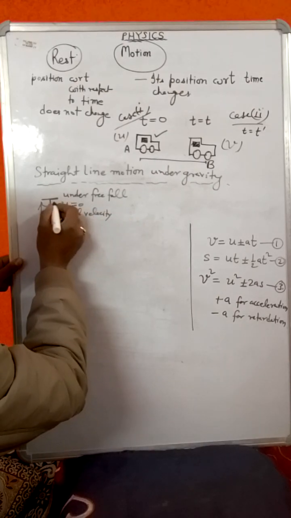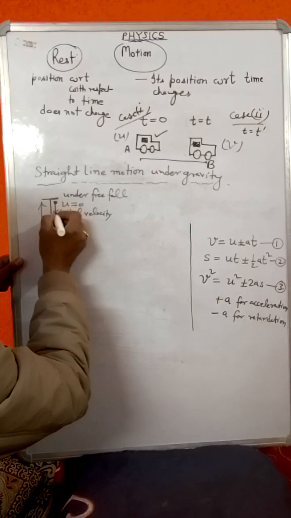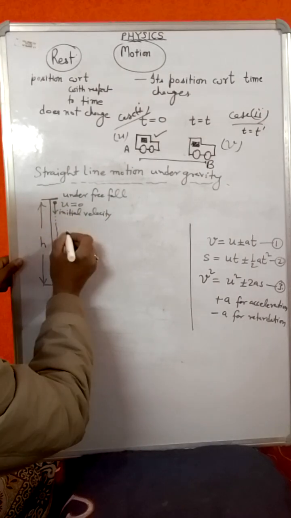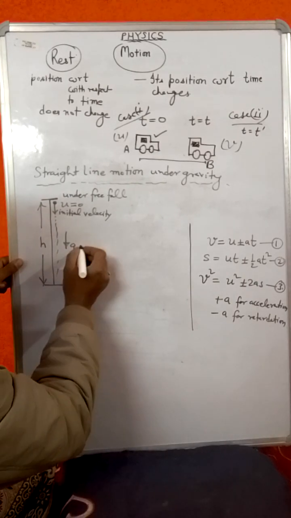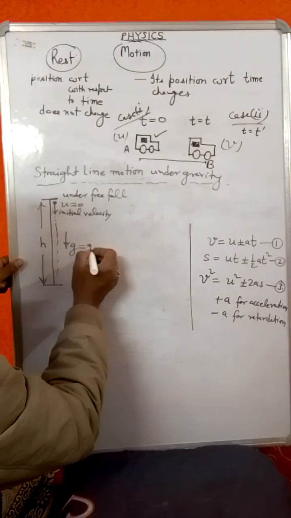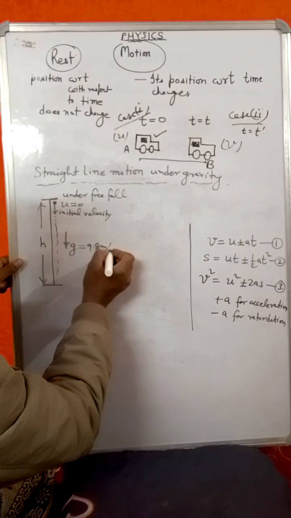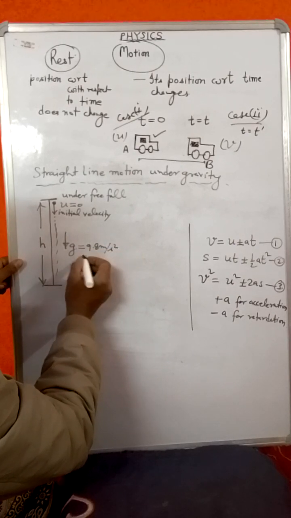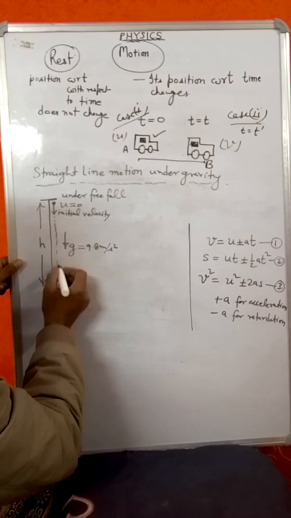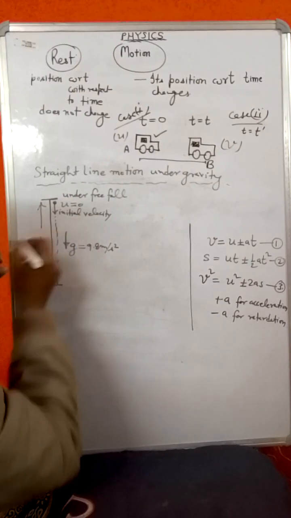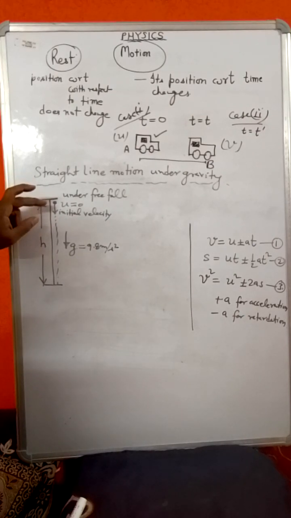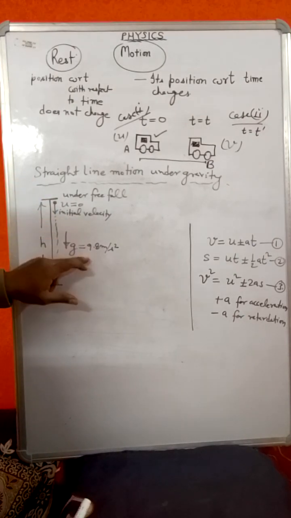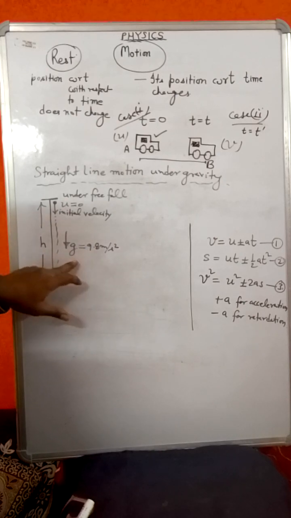Now here when a body is dropped, what's going to happen? Acceleration due to gravity is g, which is of course generally 9.8 meter per second square if it is not given. Correct? Throughout this journey of this small object, the constant acceleration is 9.8 meter per second square, which is of course gravitational acceleration.